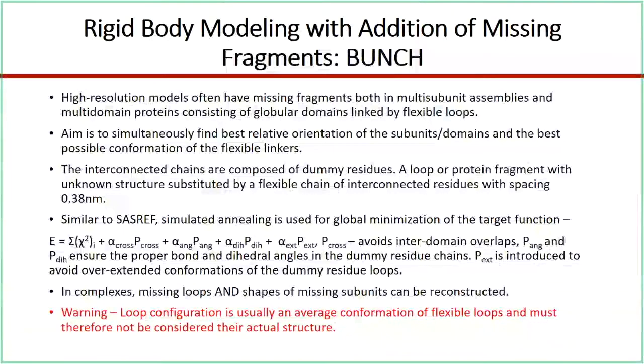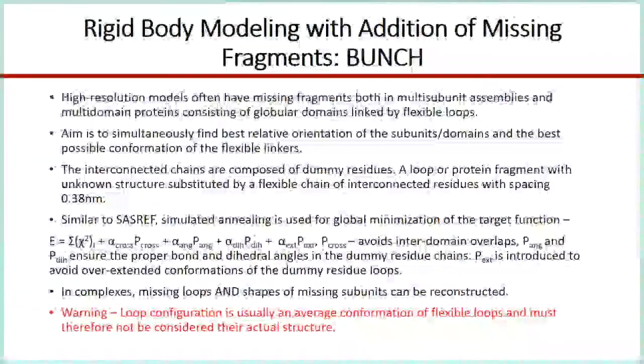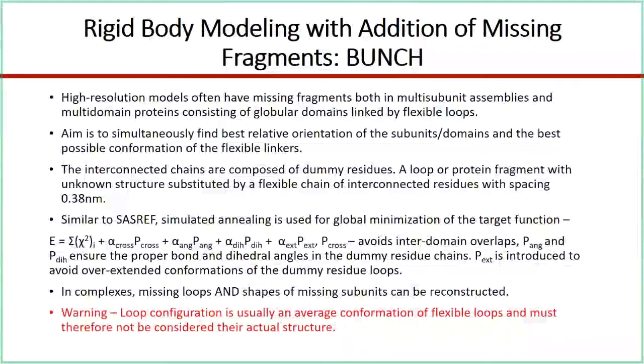The way that works is it takes the known structures, puts them in random positions, and if it is able to fit a linker of known length in that orientation that fits the data well, that orientation is accepted. Otherwise, it is rejected, and then it goes on to the next.